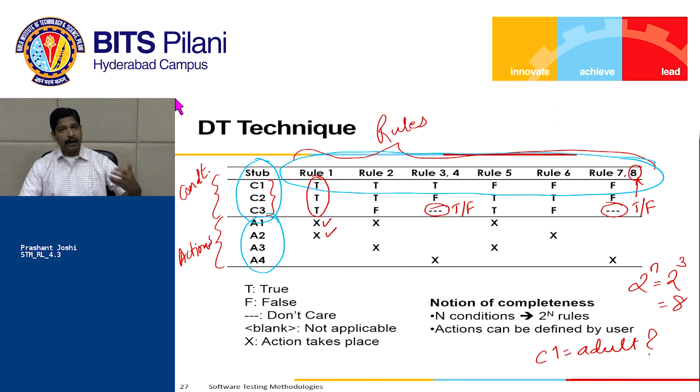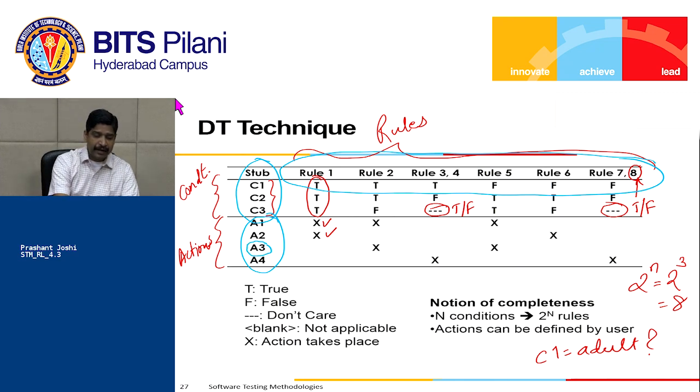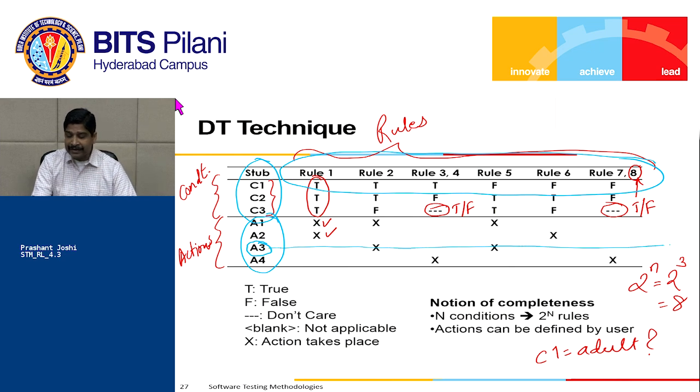The other after effect, byproduct of such an organized mechanism is, if one of my actions changes, if A3 is going to change as a requirement, I exactly know where lies the impact.